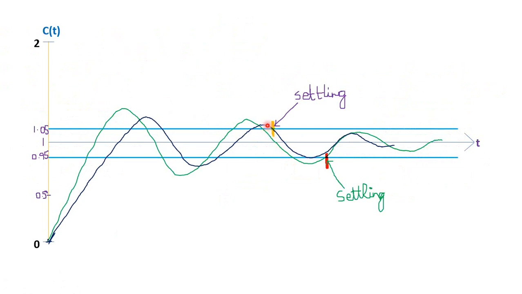Again, when the system response settles down here like this, probably somewhere here will be the settling time. Like this, settling time decreases. Then when the response becomes like this, just here, it is dictated by the rise time.